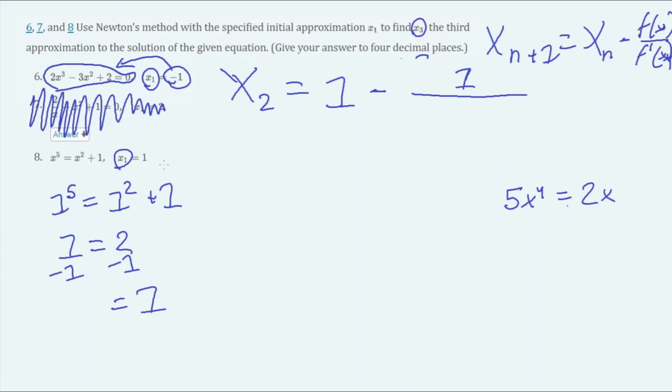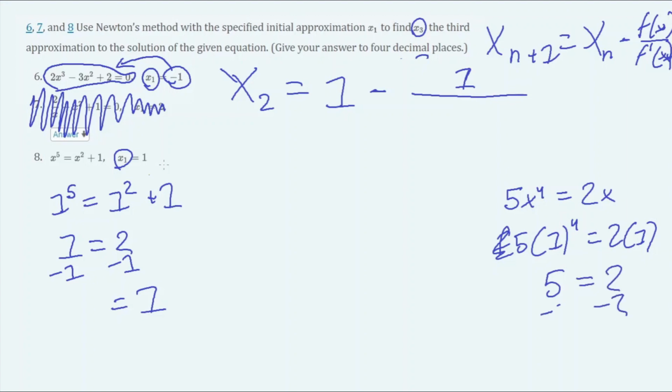And now all we need to do is plug in 1 into this derivative function. So we plug in 1, we're going to have 5 times 1 to the fourth power is equal to 2 times 1. And 1 to the fourth power is going to be 1, so it's going to be 5 is equal to 2. Subtract 2 on both sides, we're going to have an answer of 3. So we have 3. So our x2 value is going to be 1 minus 1 over 3.